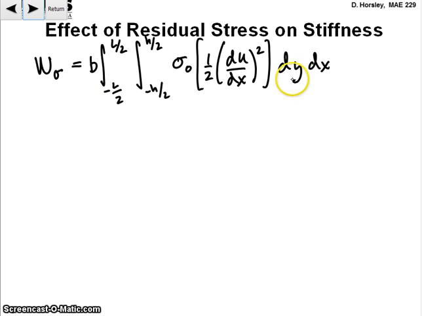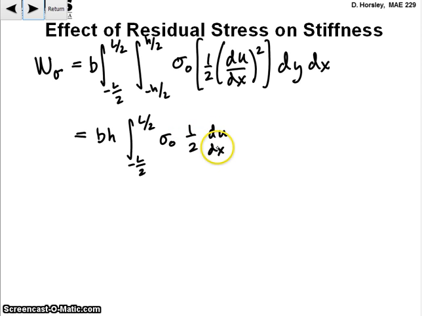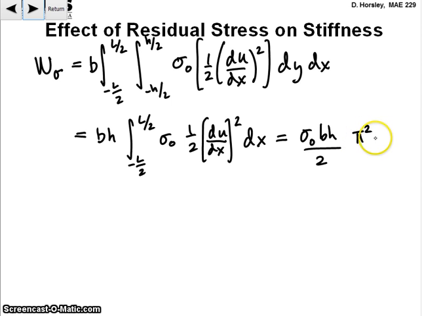Actually, all this stuff is constant over y also, and so what I end up with is that this is equal to b times h times the integral from minus L over 2 to L over 2 of sigma naught times 1/2 du dx squared dx, and this is what I said I had already evaluated, so when we multiply this all out, we get sigma naught bh over 2 times pi squared u naught squared over 2L.